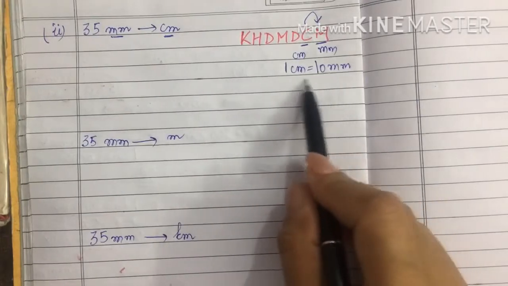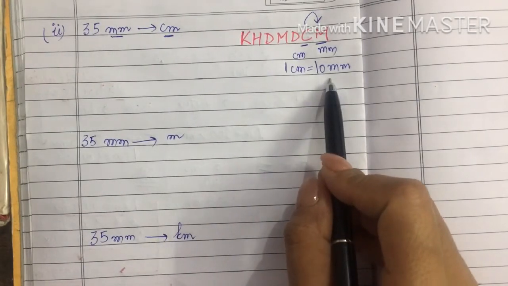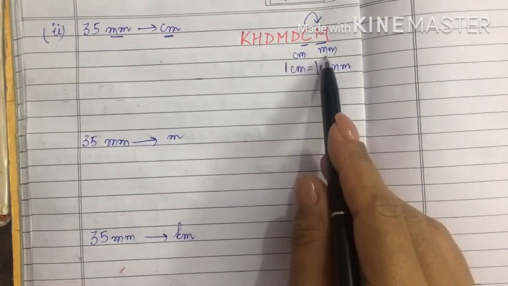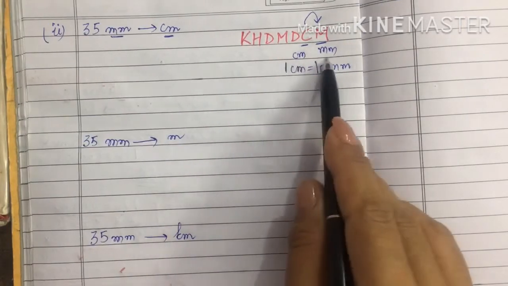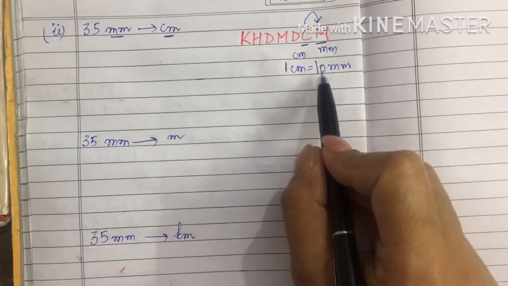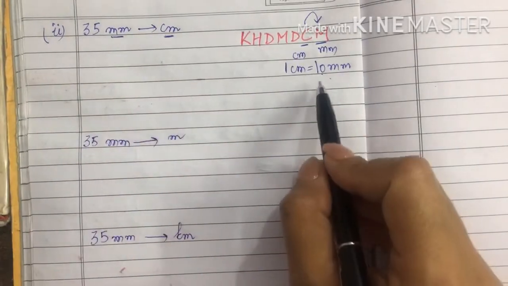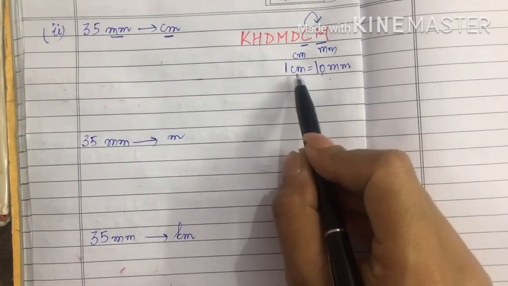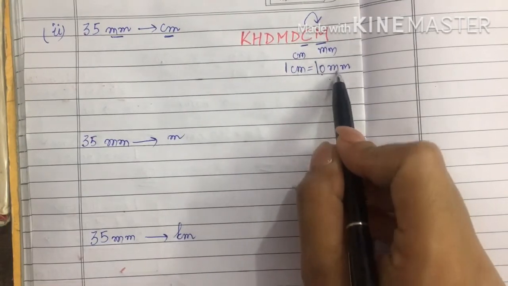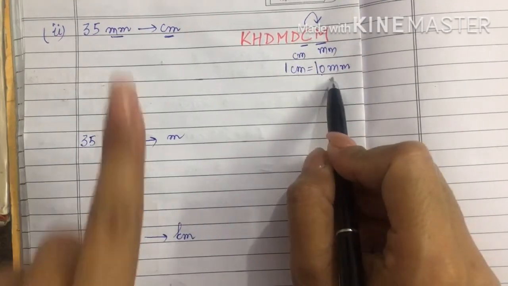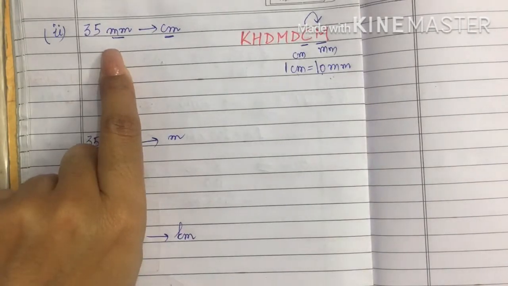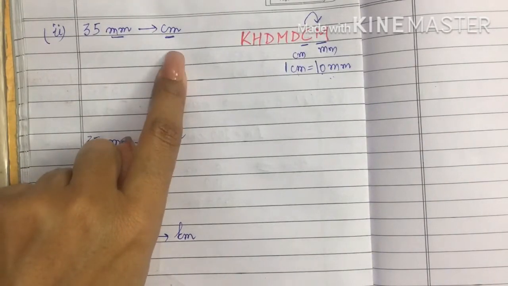Although I have made you write this as a note, in case you don't learn that, you can always find it from here. Either remember this or remember the note. So once you have this, the relation between mm and cm, observe whether you are changing bigger to smaller or smaller to bigger. I have value in mm. I want answer in cm.